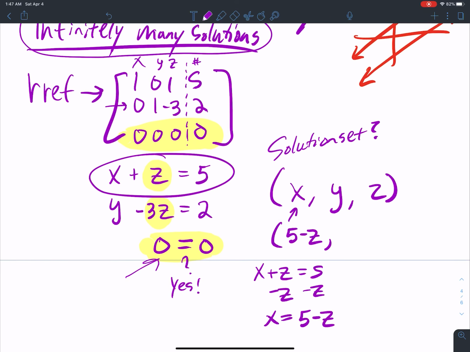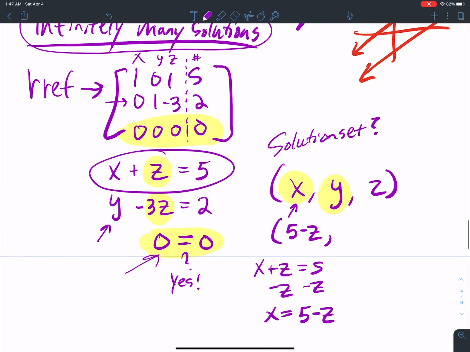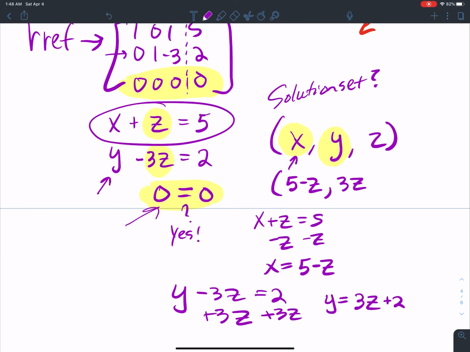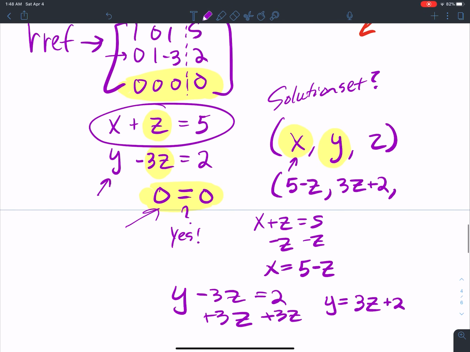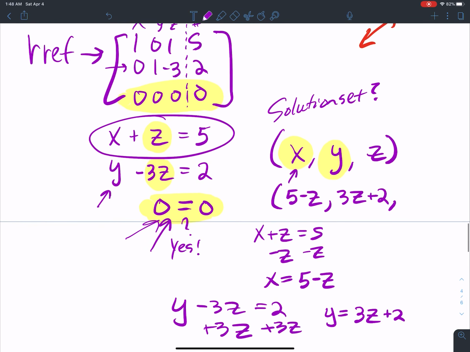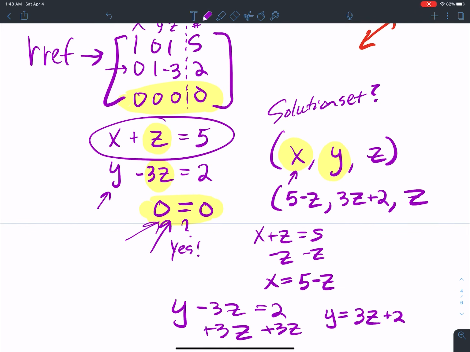So the first part is 5 minus z. Okay, what about my y? How do I get y by itself? Okay, solve for y. So y minus 3z equals 2. So I'm going to add 3z. So I get y equals 3z plus 2. Now what about z? What do I do for z? There is no z there because it was 0, 0, right? So I just put z right here. So everything now is all in terms of one variable.